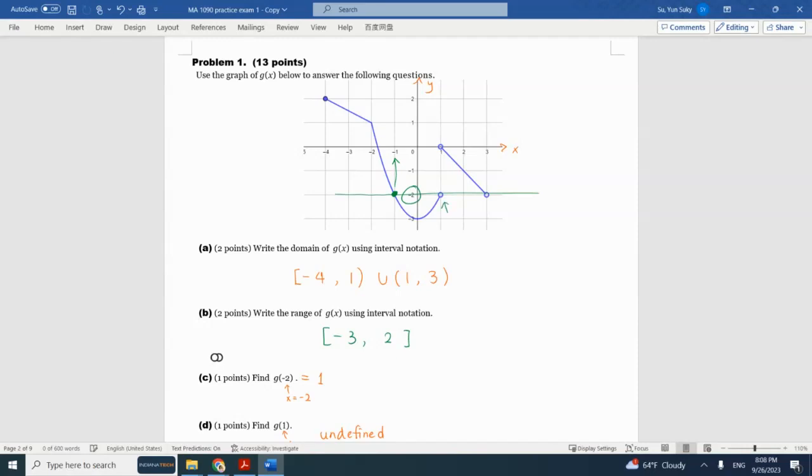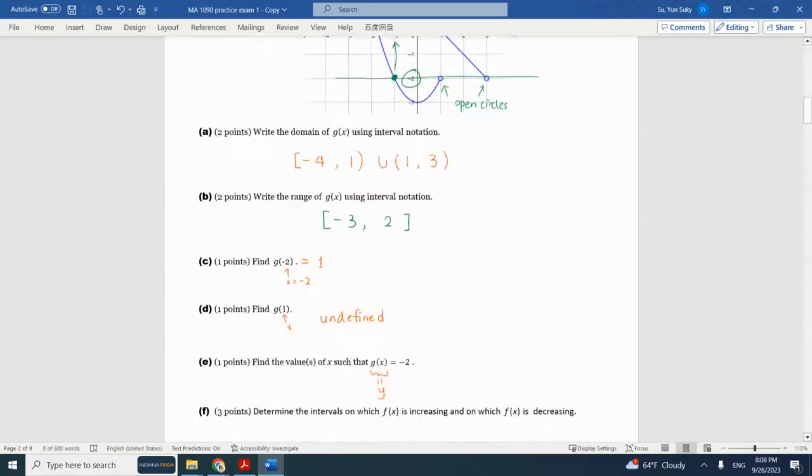And then you might ask, how about this point and this point? Well, because they are open circles, it means those points are missing. So we don't count them. We only count the number when x is -1. Okay? So here we have x is -1.